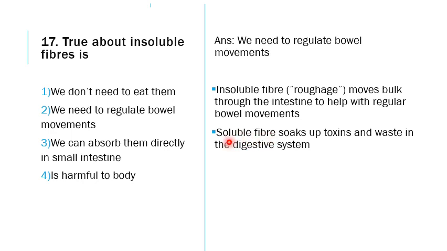This is usually given when someone is having continuous diarrhea, like in irritable bowel syndrome. For them, even though enzymes may be secreted, because of the irritable bowel syndrome, whatever food is taken will be excreted very soon.